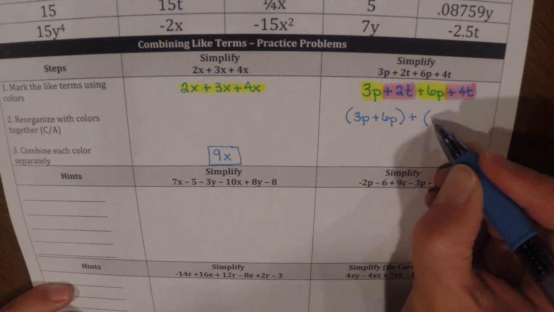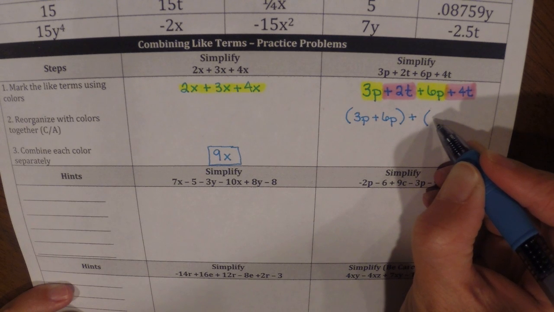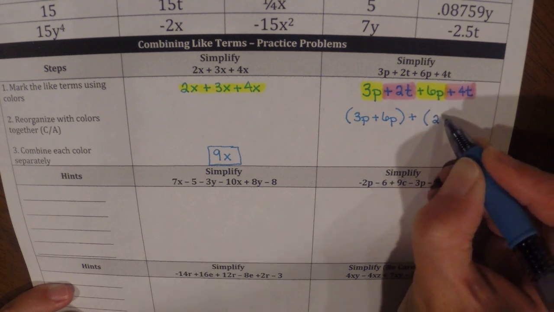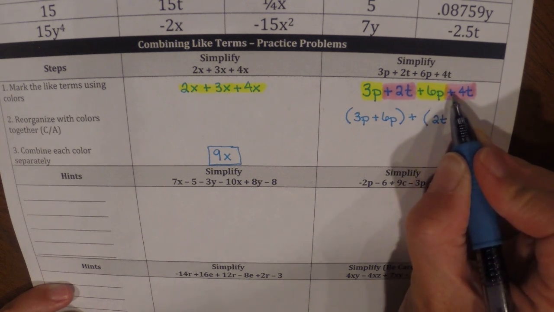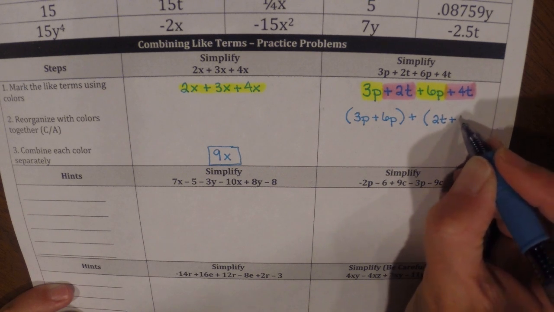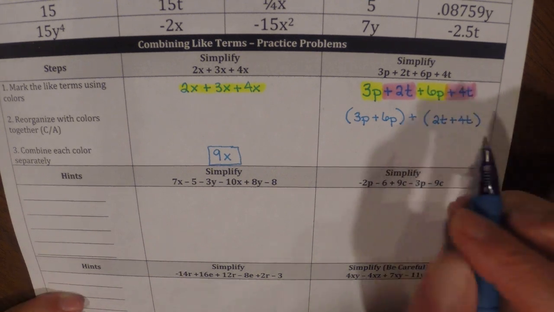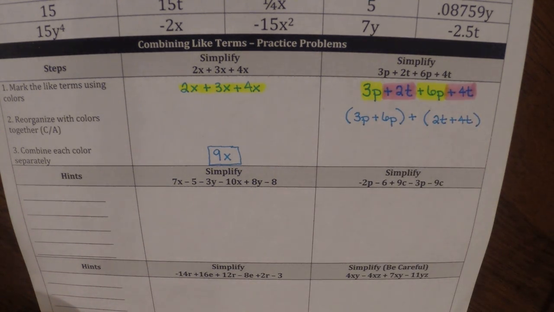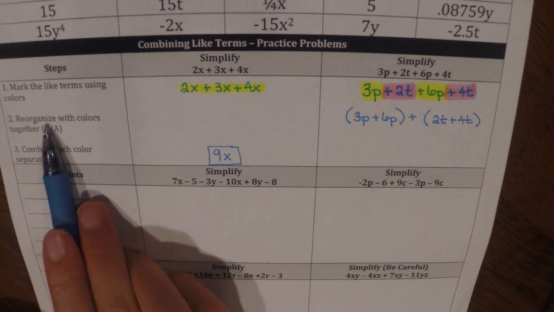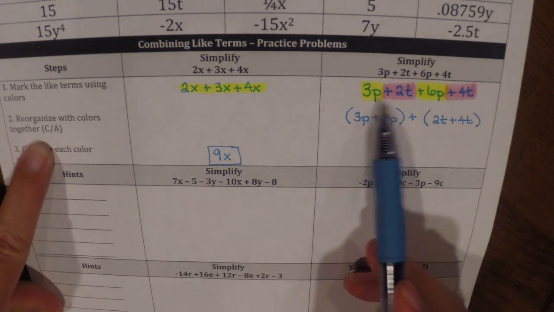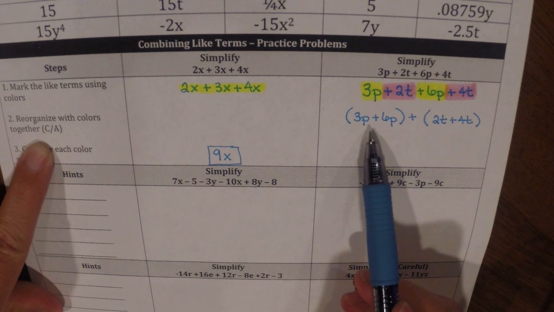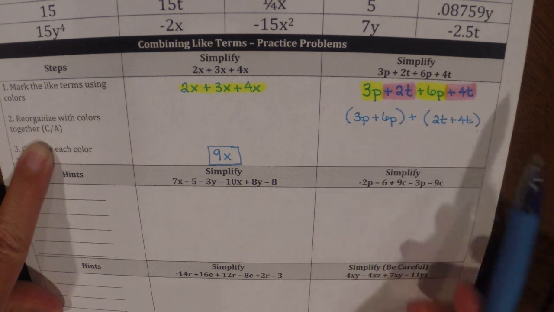Well, I already have a plus, which is positive, so I don't need to write it. Now I can if you want to, but I'm going to put 2t, and then here I'm going to put plus 4t. Again, the signs travel with the numbers. So now we've reorganized them using the commutative. I've put the p's together. And then associative, I've grouped them.